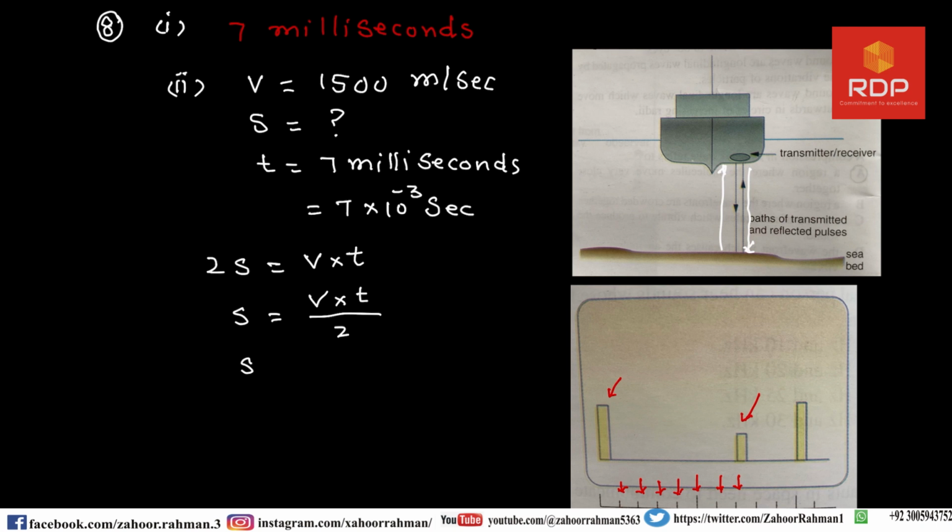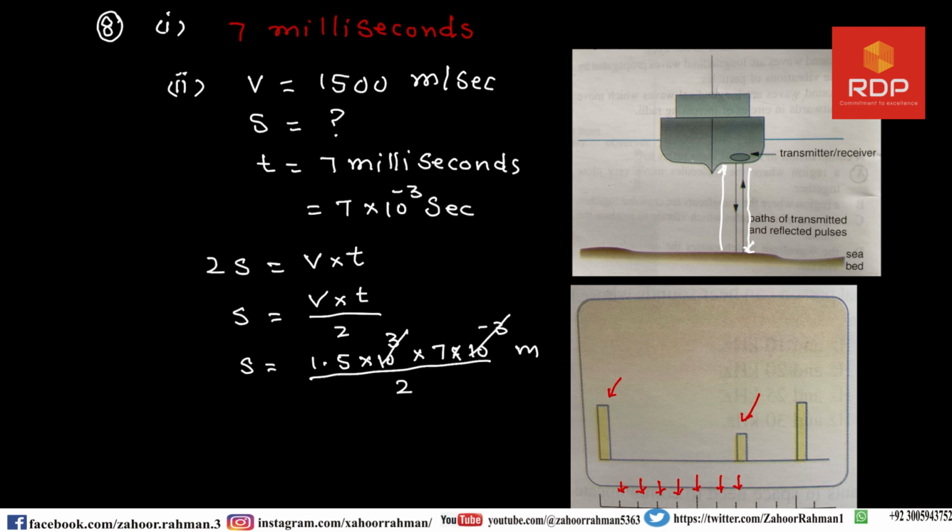Simply we have to put the values. V is 1.5 into 10 raised to the power 3, and then we have 7 into 10 raised to the power minus 3, and that will be in meters and the whole divided by 2.